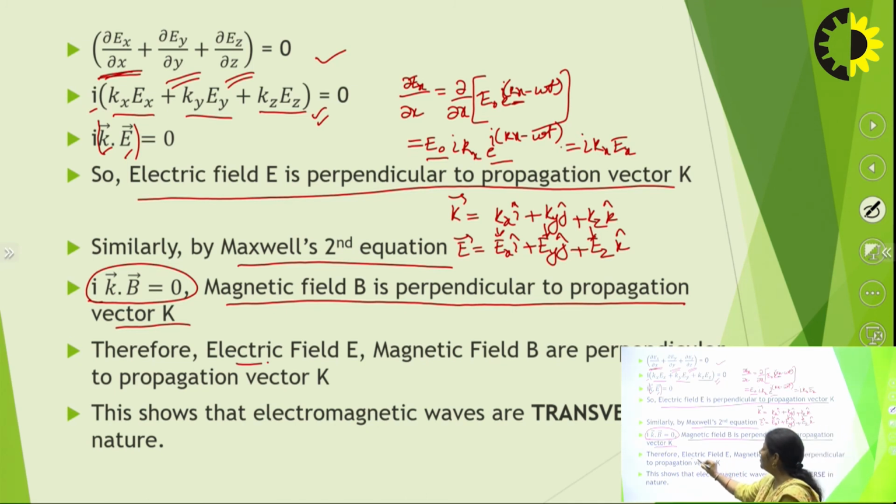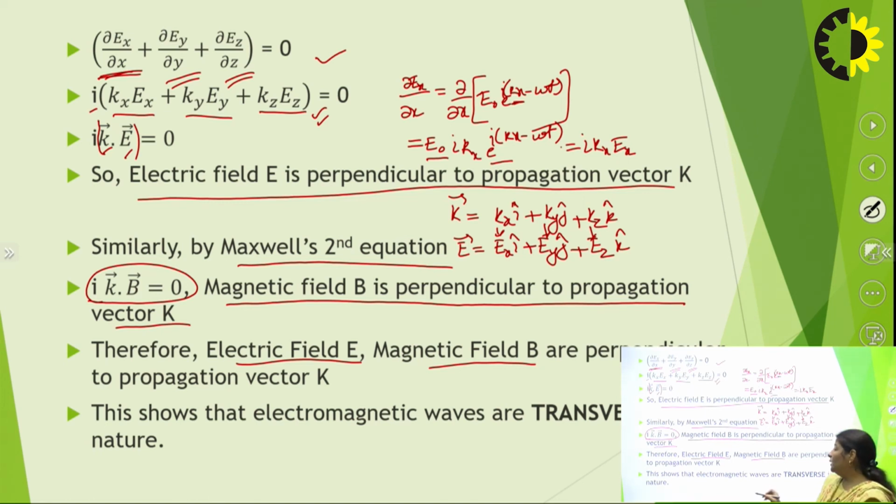Now what do we have? The electric field is perpendicular to the propagation vector, and the magnetic field is perpendicular to the propagation vector. So we combine both the results, and then we can say that the electric and the magnetic field vibrations are perpendicular to the propagation vector k.